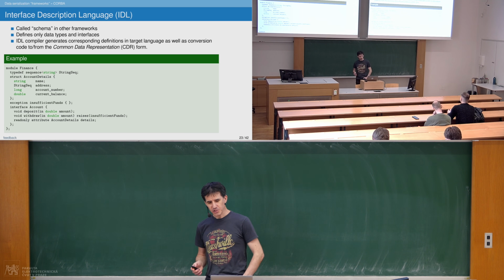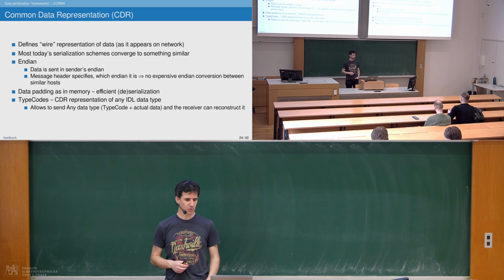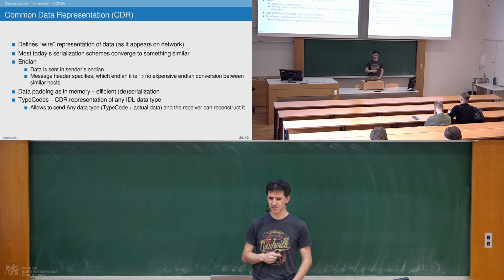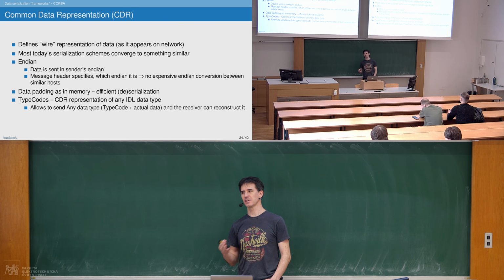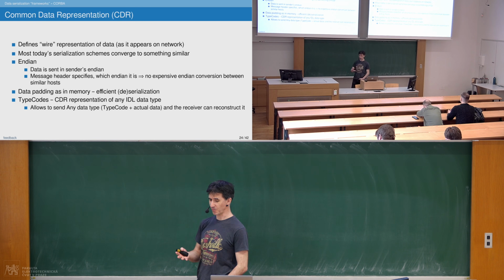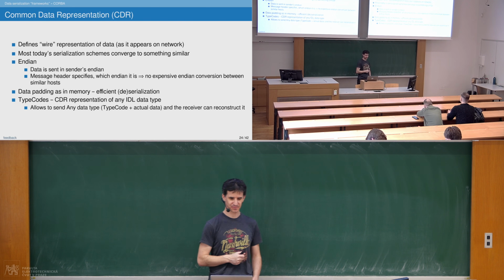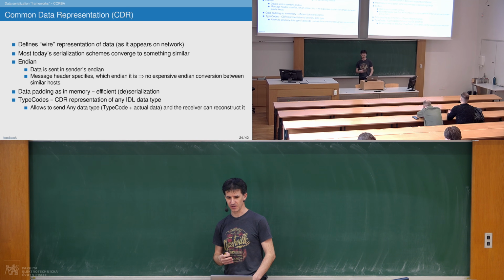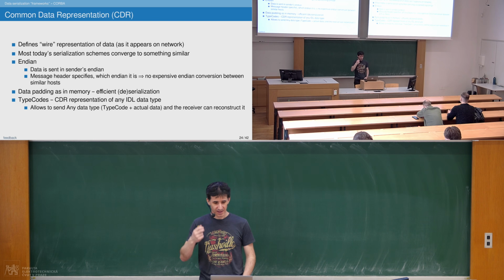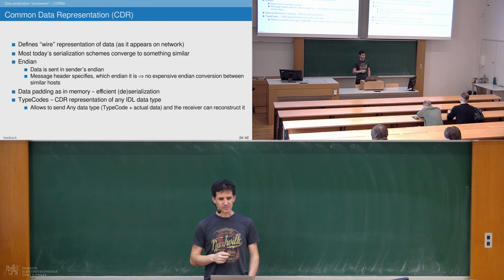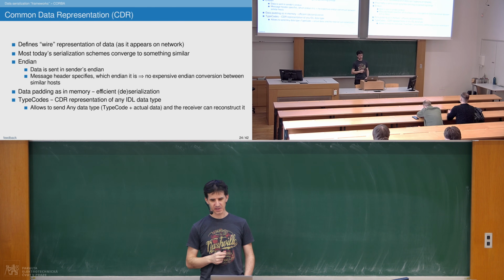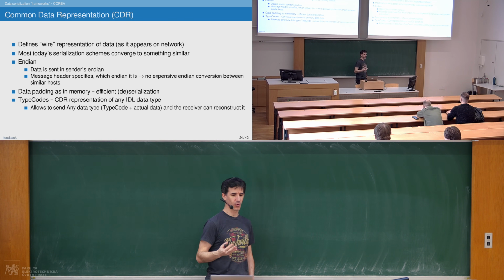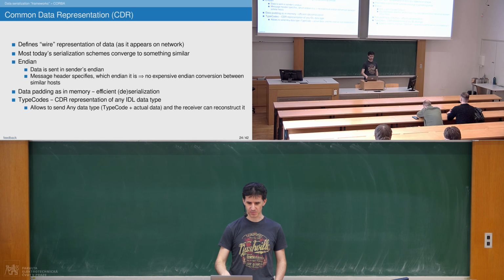The other feature introduced by Corba is the so-called common data representation, and that's this quite efficient serialization format which many of the new serialization frameworks implement in one way or another, even though they call it differently. There are a few notable features which all efficient serialization schemes somehow implement.